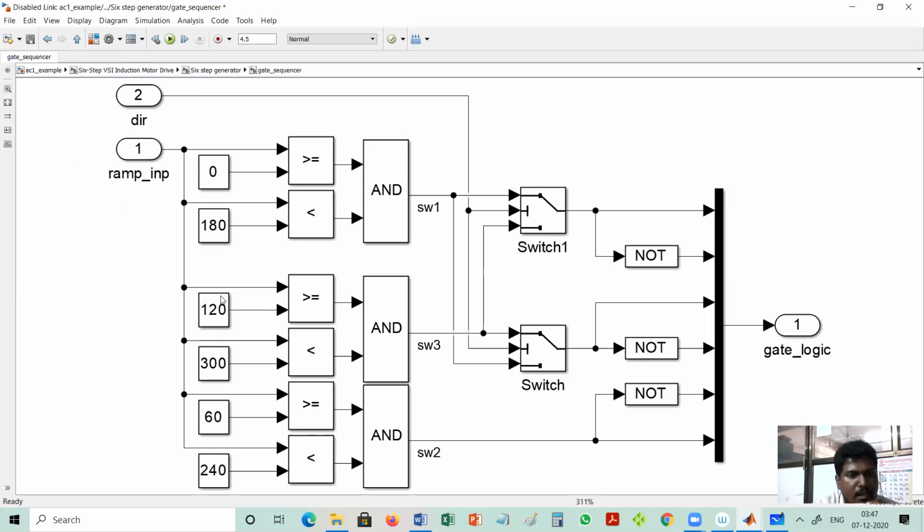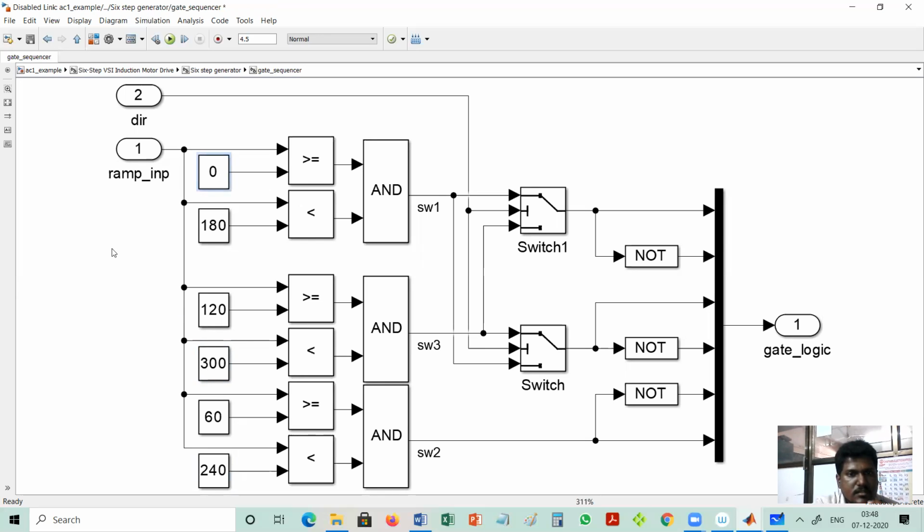Then 120 to 300, then 60 to 240, which means each duration is 180 degrees. And after every 60 degrees, one switch is turned off: 0, 60, 120, 180, 240, 300, and again 360, that is 0.